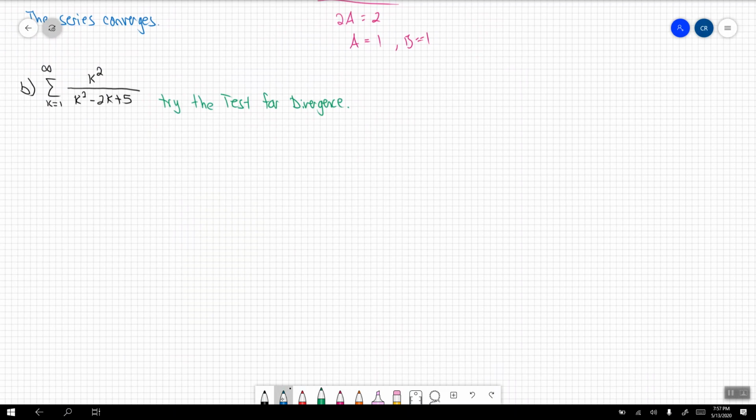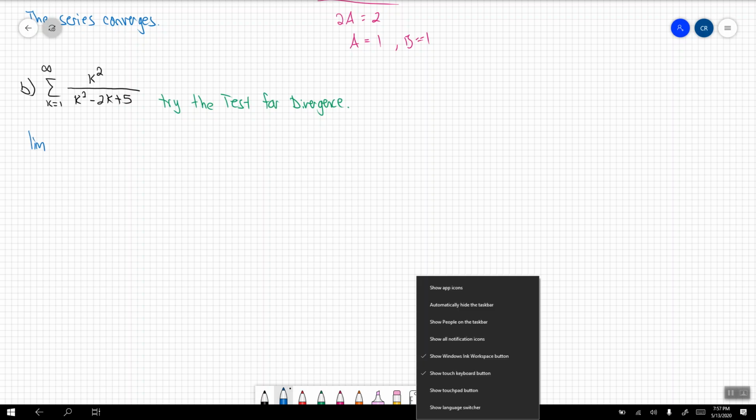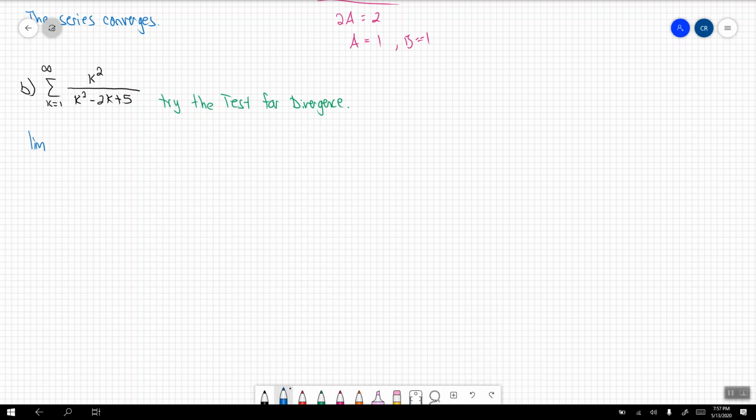The test for divergence says that if we can find what the limit is, let's say the limit as k is approaching infinity for k squared divided by k squared minus 2k plus 5. Let's see if we can find out what this limit is, because that's what the test for divergence says.